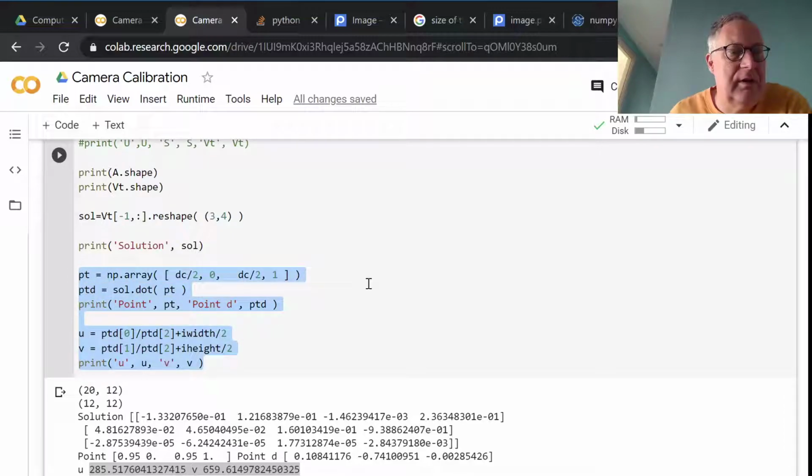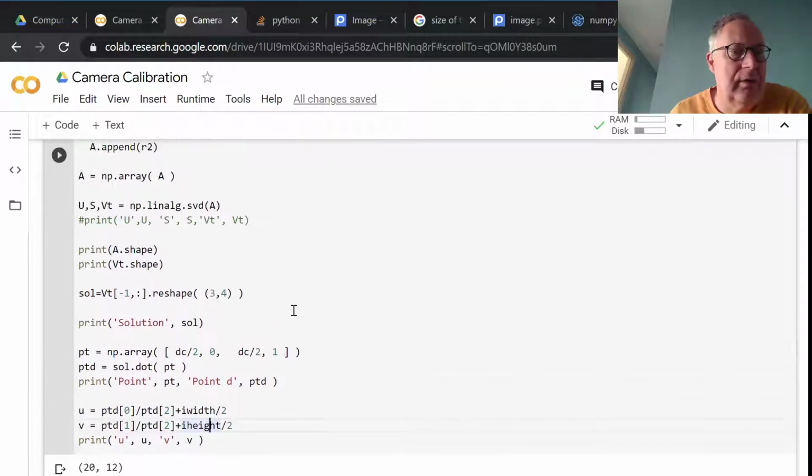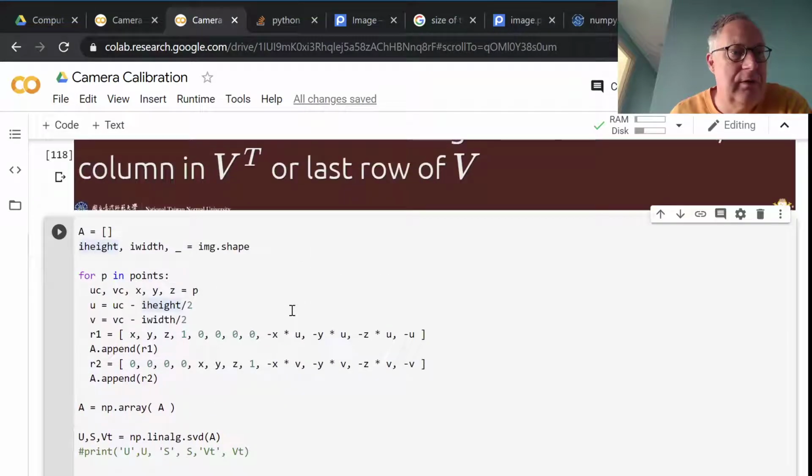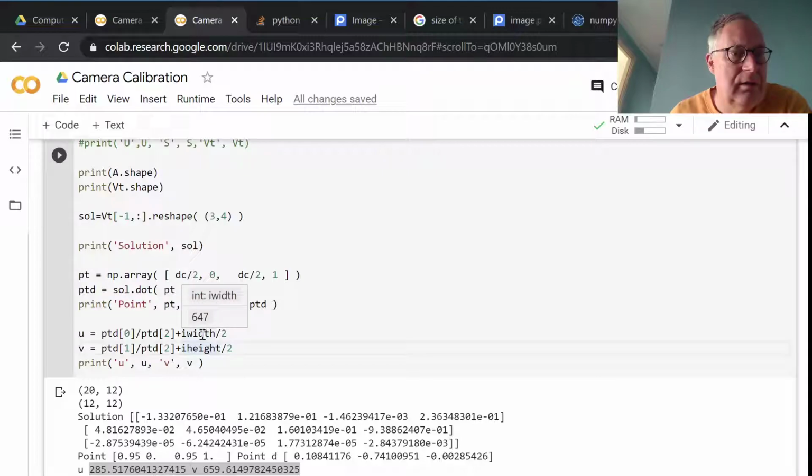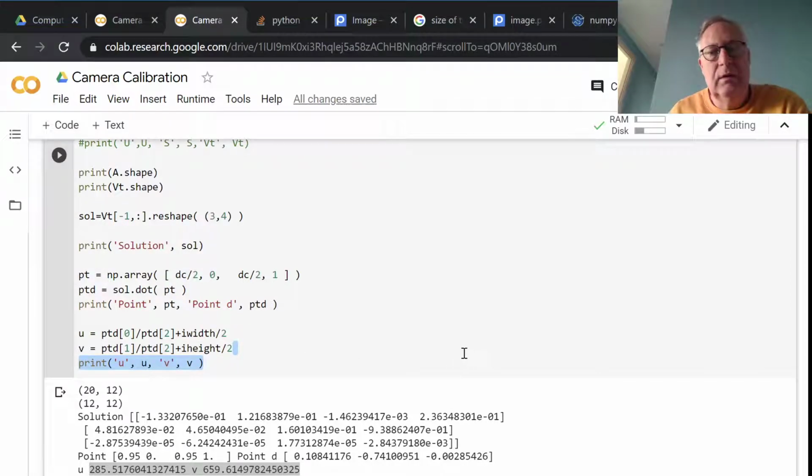But this is how you can calculate the pixel coordinates that you get for the points. And I just want to make sure U is height. Yeah. Okay, good. That's it for today.